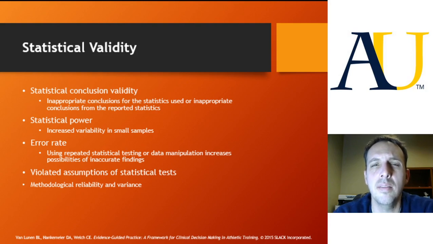And then lastly, in statistical validity, it's important to realize that the stats simply analyze the data that has come from the methods that derive the data.